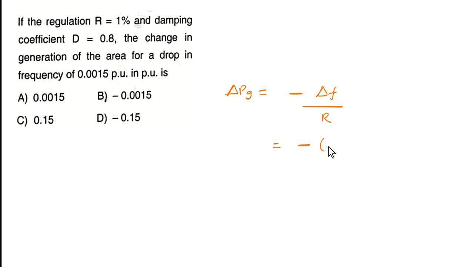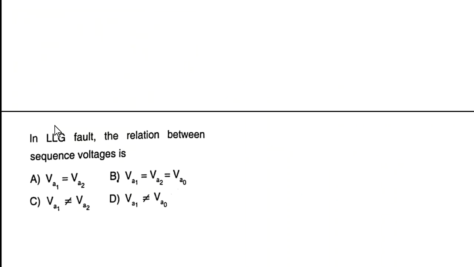It is minus 0.0015, okay, divided by the R value is 1%, means write as a 1 by 100. So once we solve this, we will get the answer as a 0.15 per unit here. So answer will be C here. Okay, we'll move to the next question.